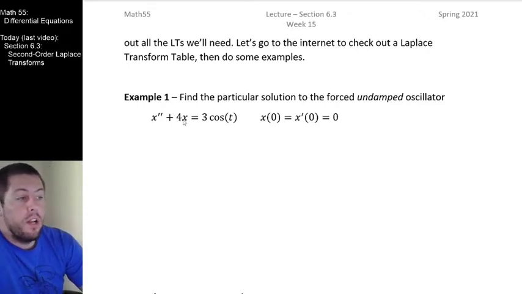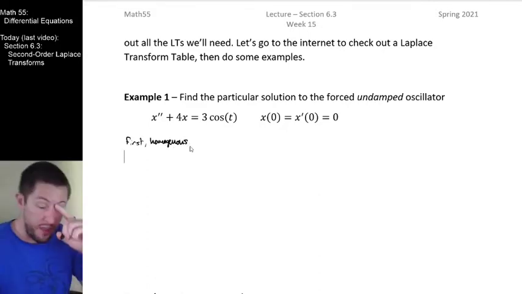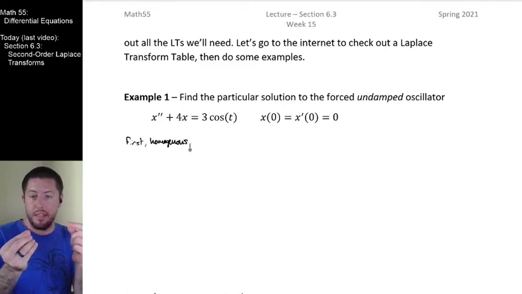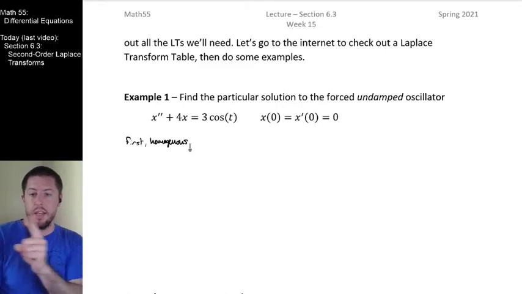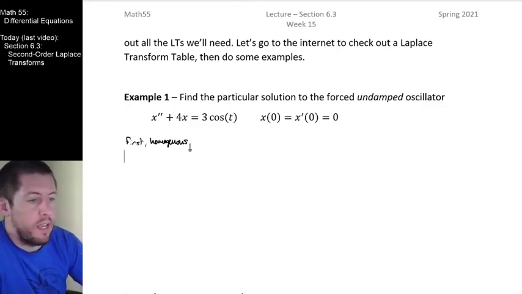The first thing I want you to notice is that because this is an undamped oscillator, we know that undamped oscillators have no damping force. So when we pull the mass on the spring and let go, it's just going to oscillate back and forth forever. That means it has only sines and cosines in its general solution.